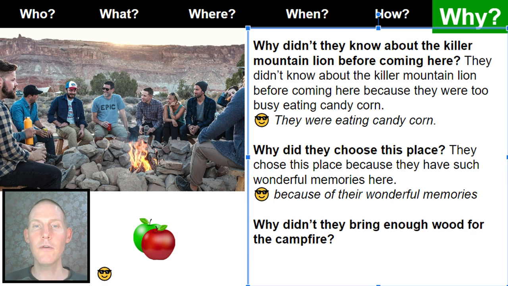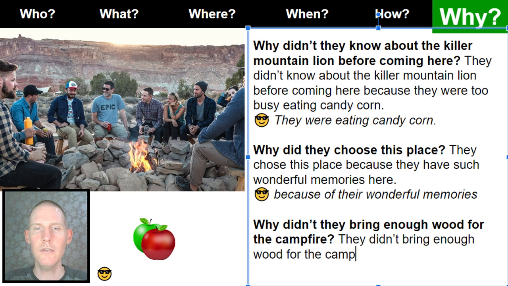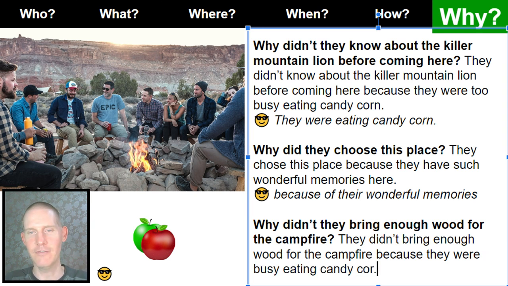Let's see the question. Why didn't they bring enough wood for the campfire? Ooh, good question. They didn't bring enough wood for the campfire because they were busy eating candy corn. Right? So much candy corn.